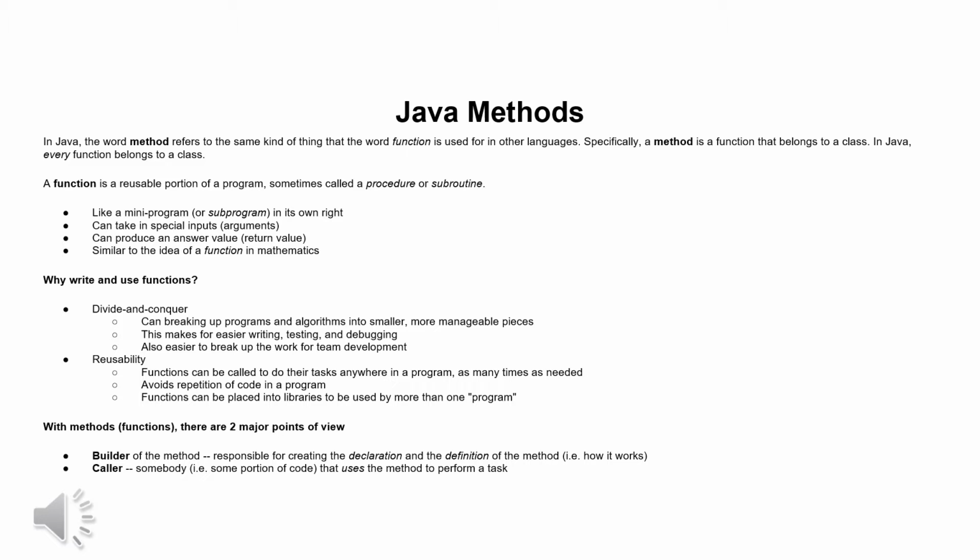The other part is the caller of the method. It means when you have defined the method, now in your program, based on your need, you need to call that method, you need to use that method. Actually, the caller is a portion of the code that you use in order to call or use a special method.